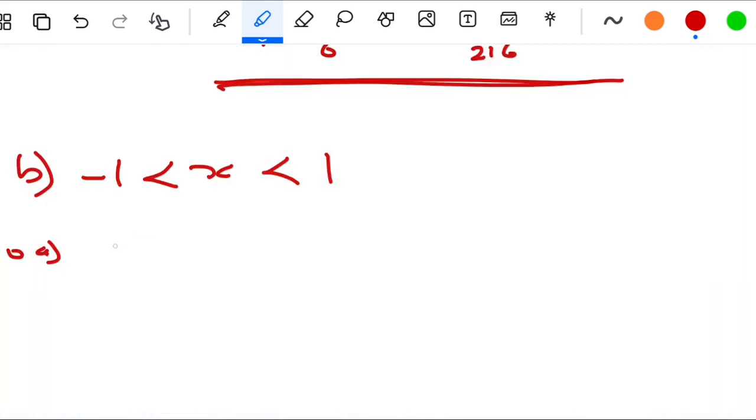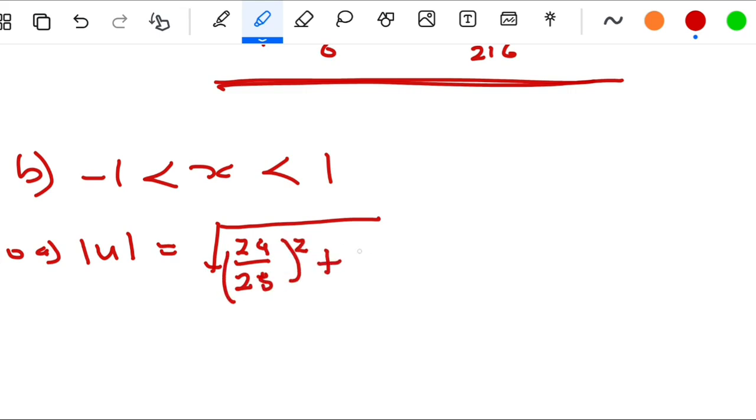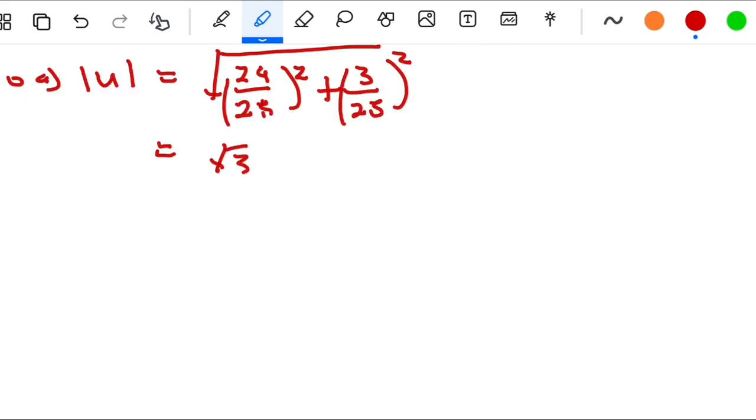Okay, so we want the modulus of u, which is equal to the square root of (29/25) squared plus (3/25) squared, which is going to give us root 34 over 5, which is equal to 1.166.